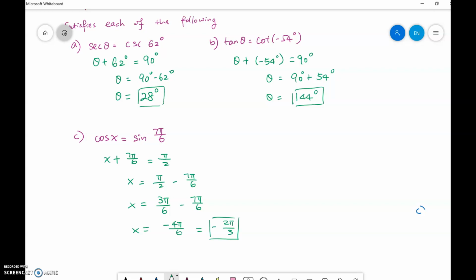Okay, so you can try yourself. Cotangent theta equals tangent of 25, sine theta equals cosine of negative 30, cosecant 3 pi over 4 equals secant x.